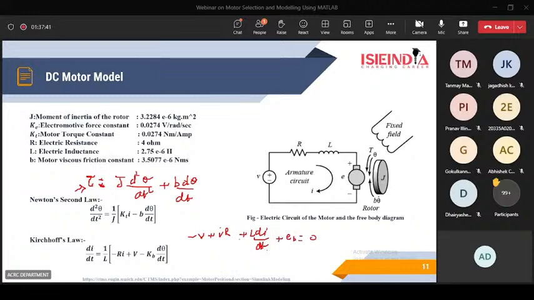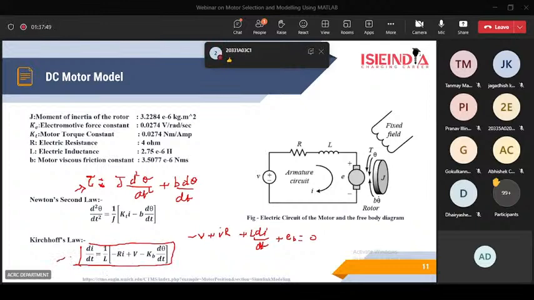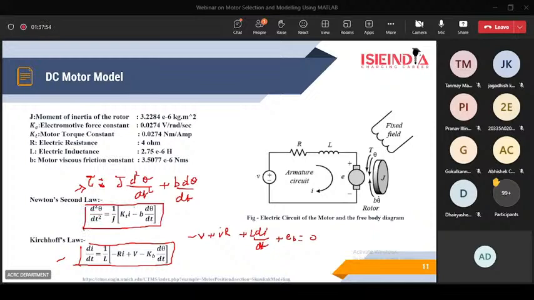So for Kirchhoff's law, the electrical part, and this is the mechanical, the rotating part, I got these two equations. Here are the different parameters, or we can say the different values, which we are going to take into this model. One by one I will be showing you how to develop these equations in MATLAB. So let me wait first.